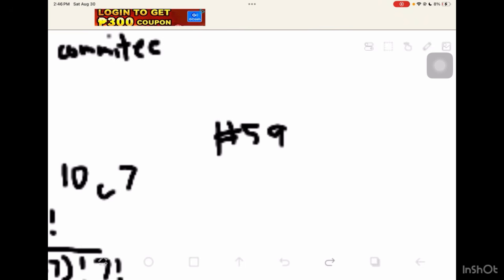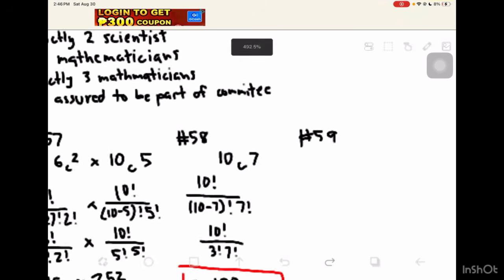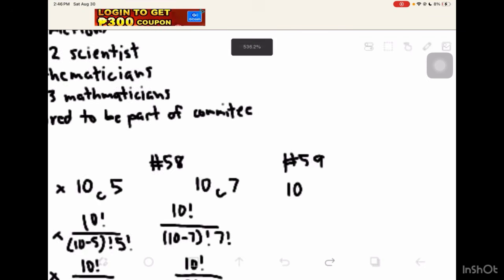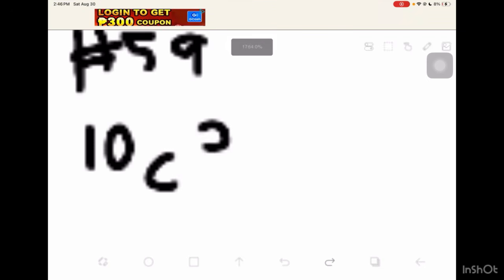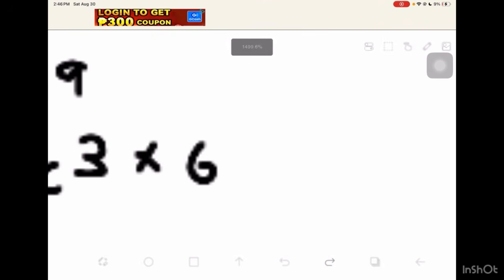For number 59, we want exactly 3 of the members to be mathematicians. So 3 of the members are mathematicians indicates that we need to pick 3 out of the 10 mathematicians. And then the other 4 can be scientists. So 6C4.